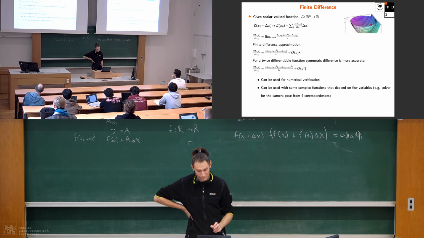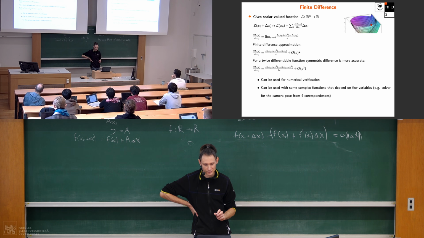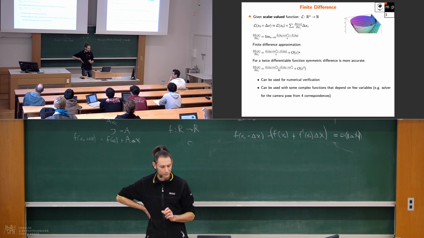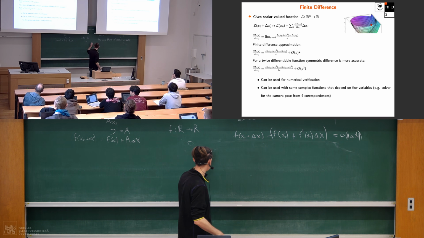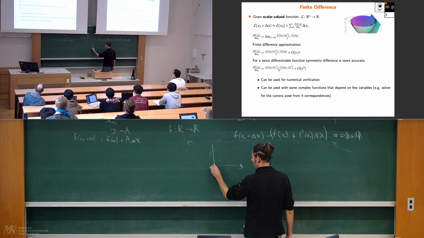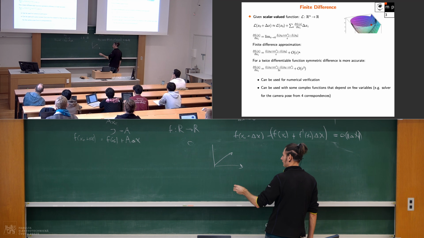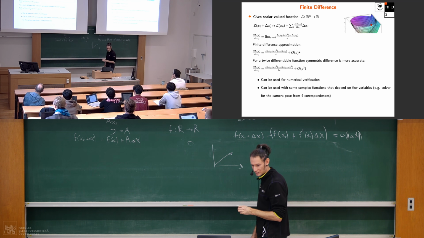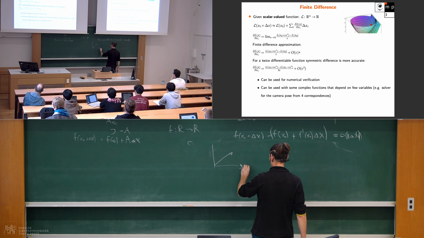Now about this finite difference approximation, so we have a function of multiple variables, right? And we are talking about its partial derivatives with respect to x.